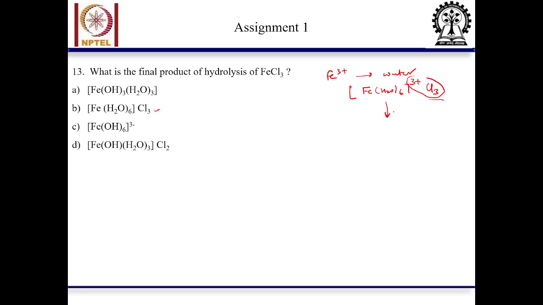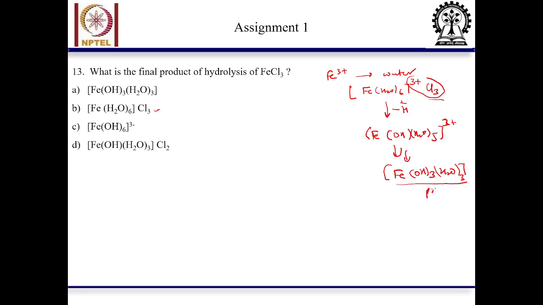So one proton abstraction will happen, so it will form [Fe(OH)(H2O)5]2+, then subsequently 1+, and finally it will form Fe(OH)3(H2O)3. This is your final product.